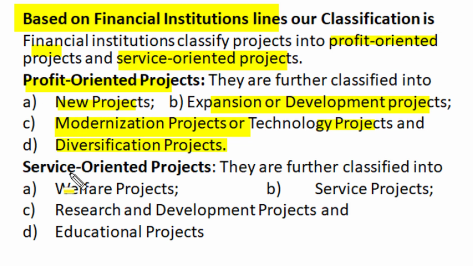Whereas developmental projects are known as service oriented projects in financial language, and they are further classified as welfare type of projects, service type of projects, research and development type of projects, or even education activity projects.